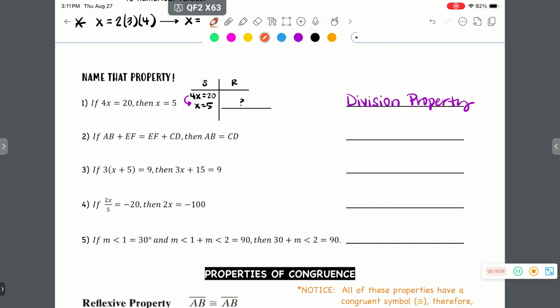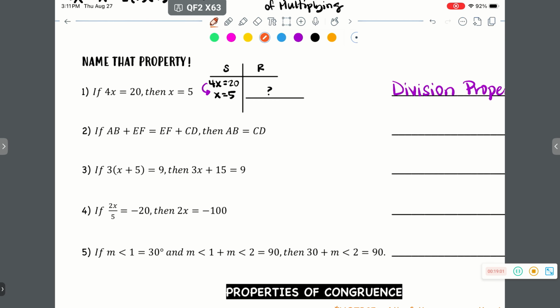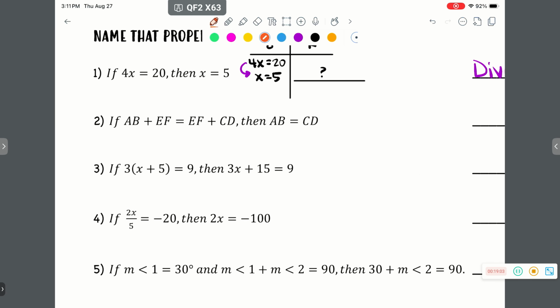All right, this next one is the hardest one of the day. Here we go. If AB plus EF equals EF plus CD, then AB must equal CD. All right, how many of us think it's transitive property of equality?